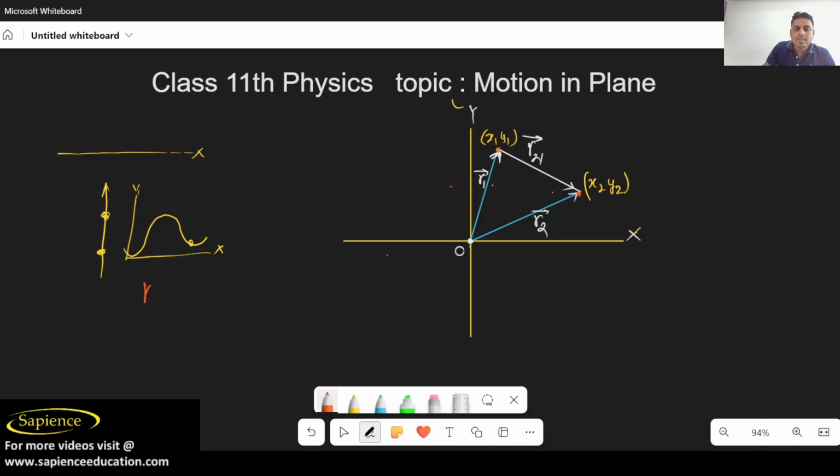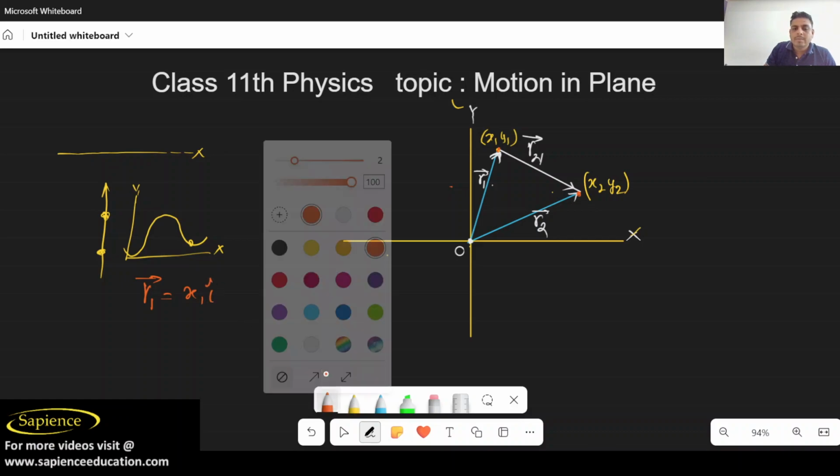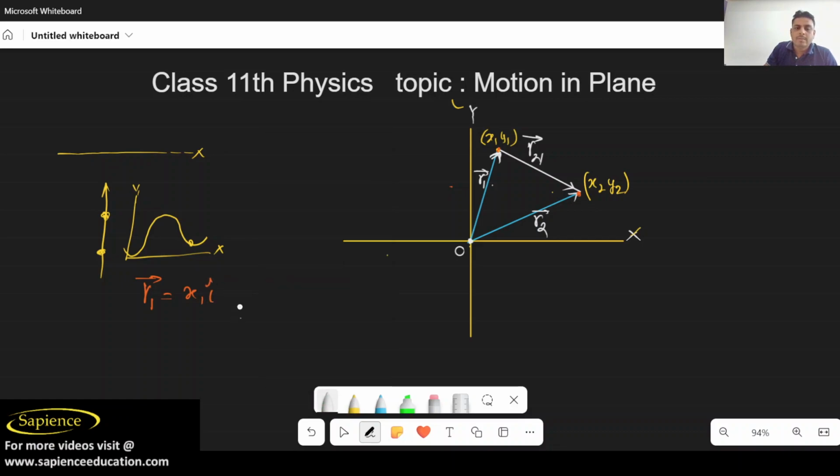Let us consider R1 as x1 i cap plus y1 j cap.